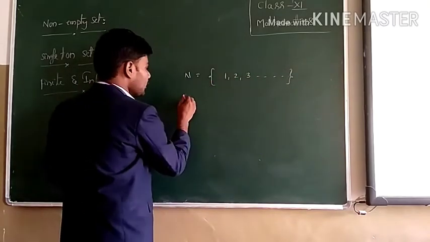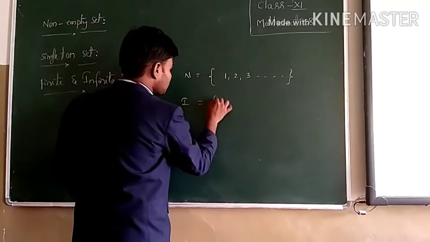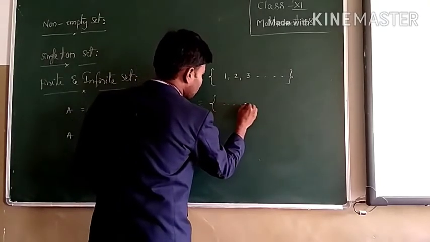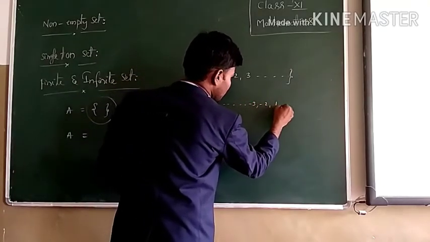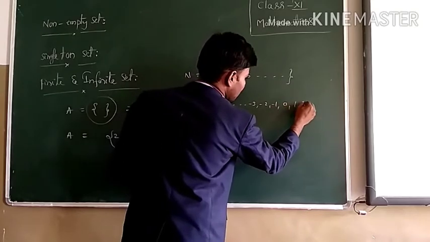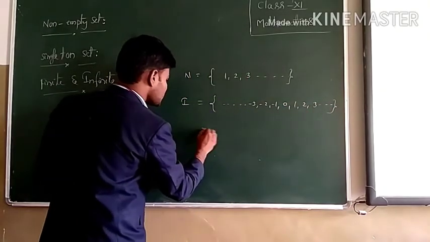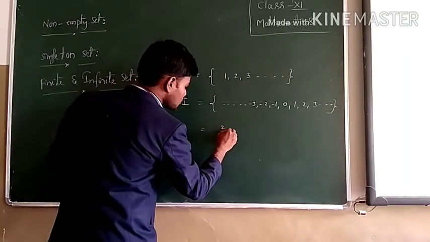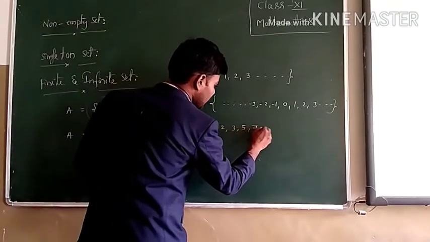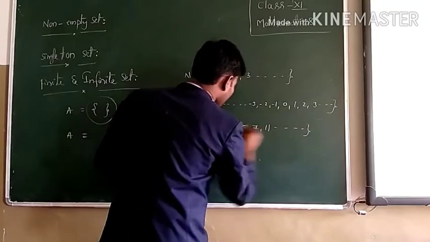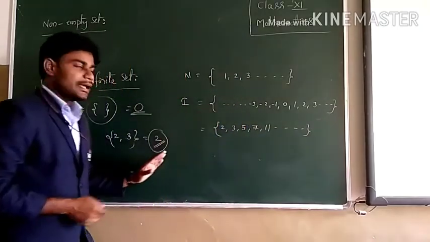Integers are also infinite: minus 3, minus 2, minus 1, 0, 1, 2, 3 and so on in both directions. All prime numbers, suppose 2, 3, 5, 7, 11 and so on. All these come under infinite.